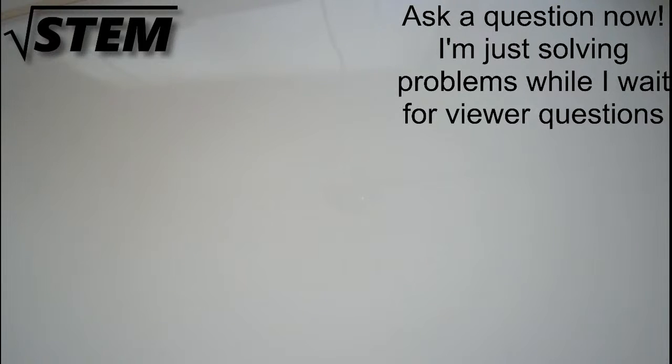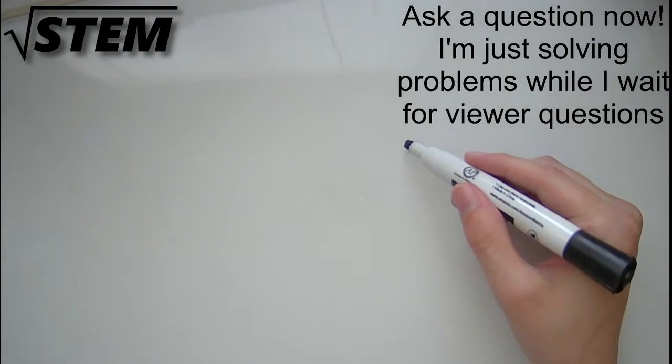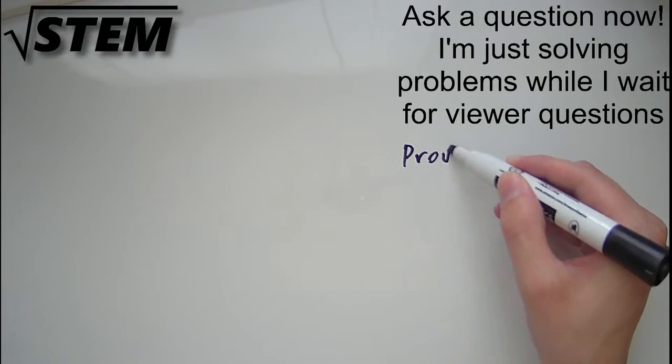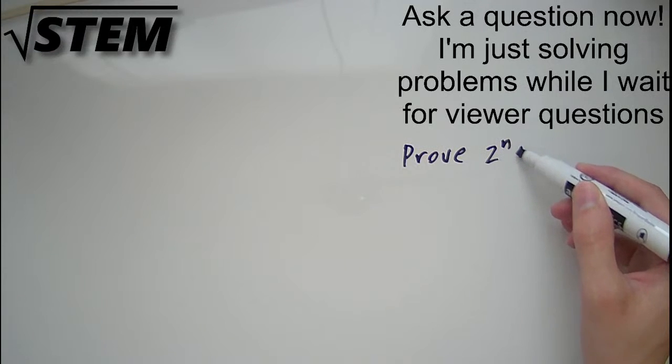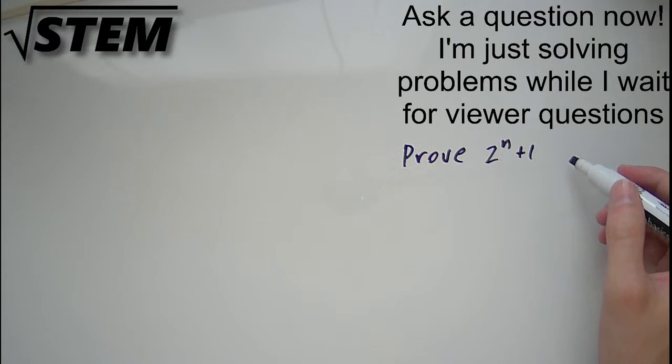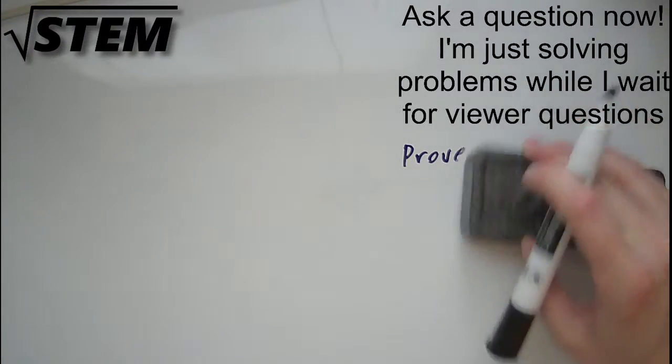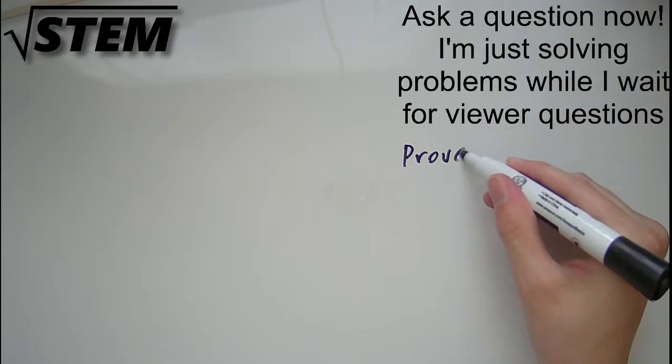Okay, let's try the divisibility one. We want to prove that 2 to the n plus 1 is divisible by 3. So actually I'm going to write that more succinctly.